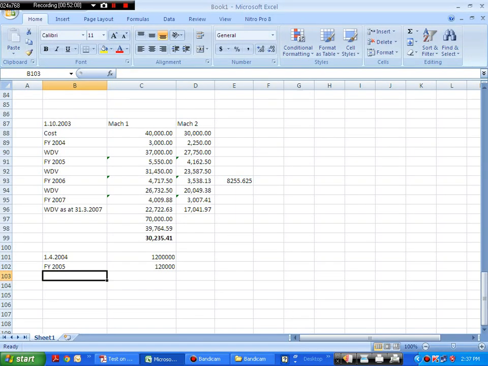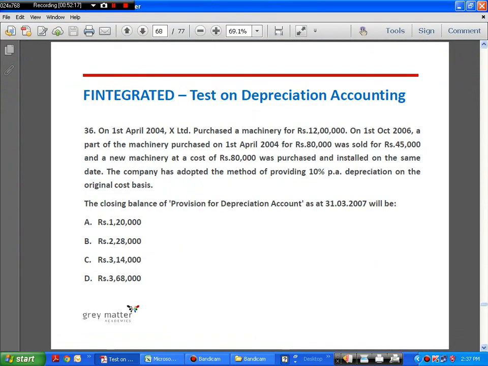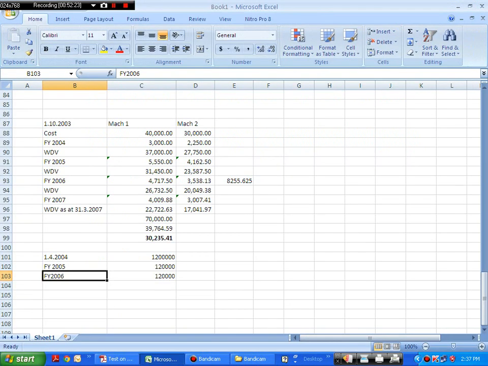Okay, FY 2006 also at 1 lakh 20,000. FY 2006 ends on 31st March 2006, and the sale is happening only during FY 2007. It's happening on 1st October 2006, right? Next, for FY 2007, depreciation on the asset sold.